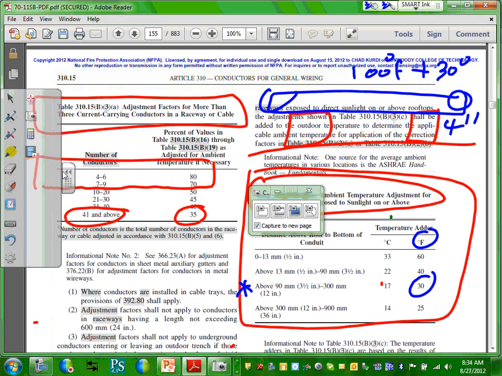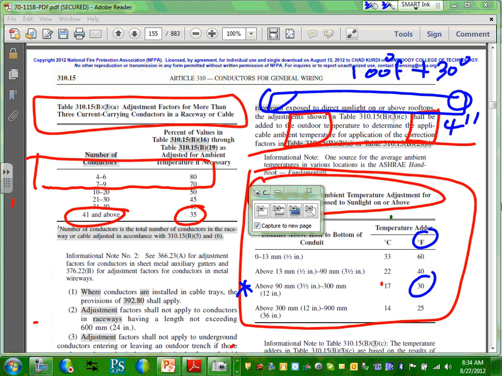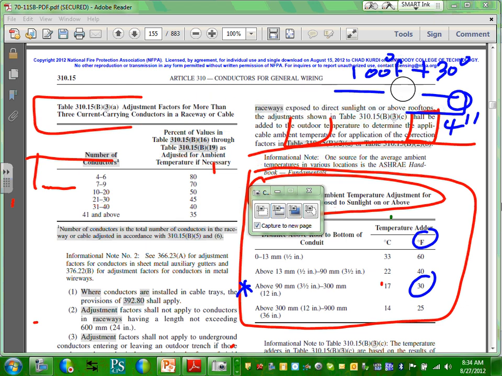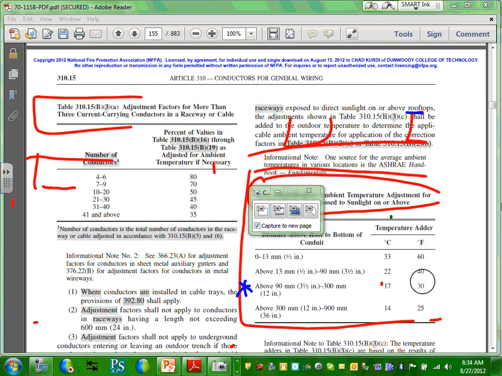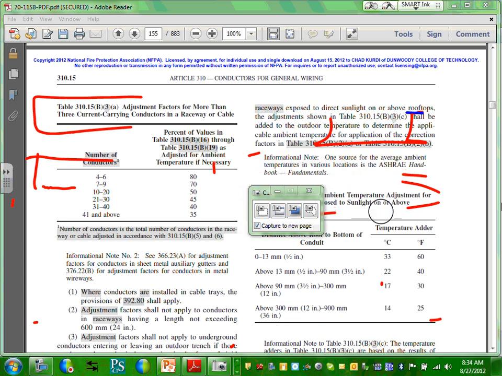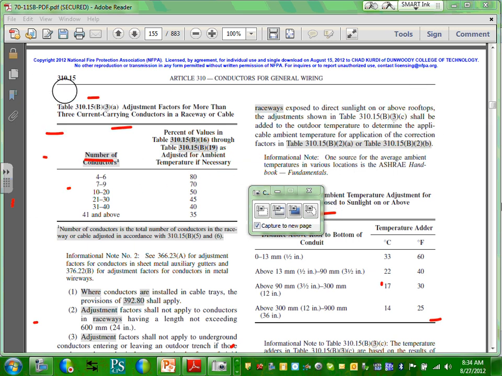All right, so the last thing I want to show you guys, since we're doing dwelling, is the special table that we use for dwelling. You have to use this table and be aware of that. Okay, here we go.